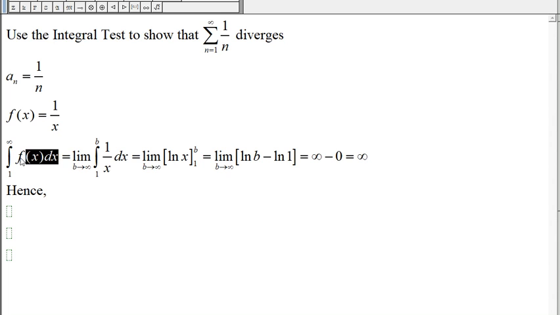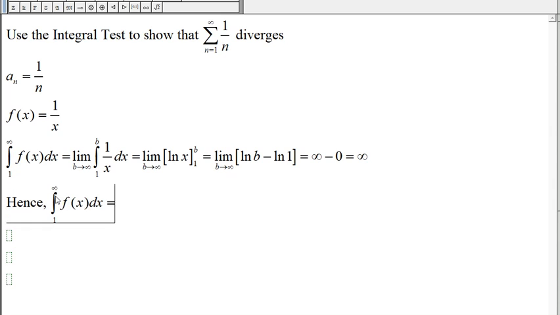And so this integral right here diverges.